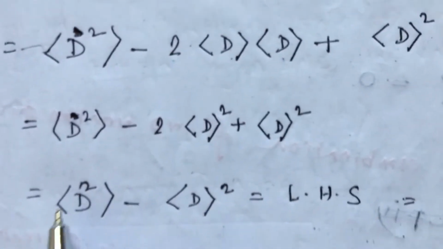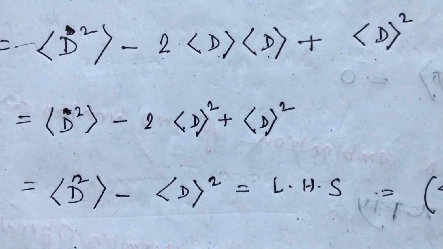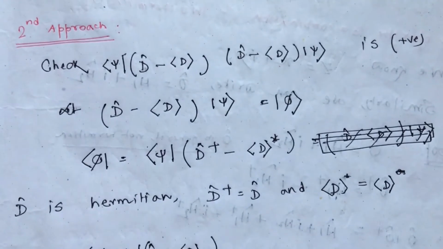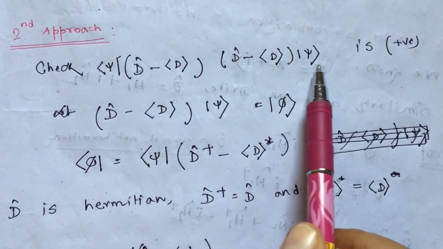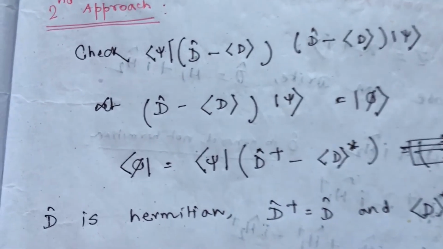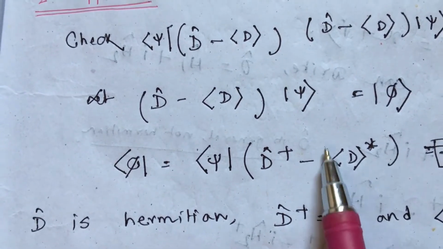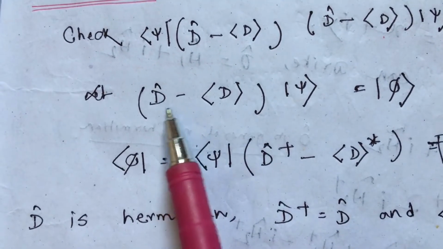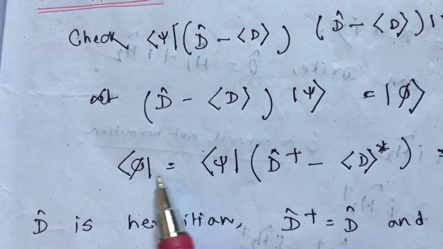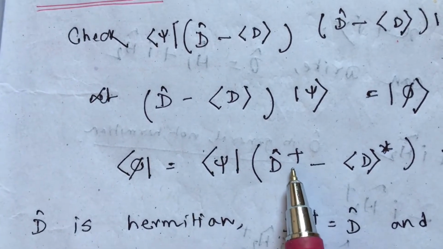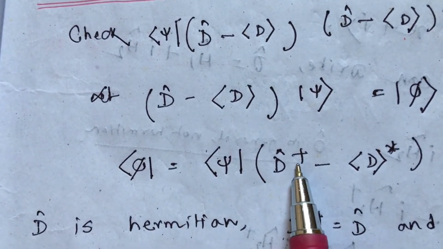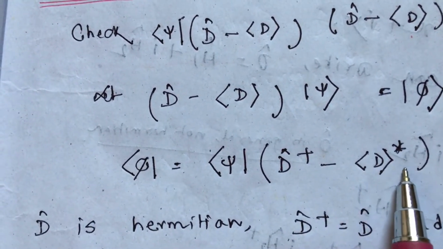And now I am going to prove that this thing is a positive term. So my second approach is checking this as positive. Before going into the derivation, I first take phi equal to (d minus d expectation) psi. So phi bra is equal to psi, and making a dual conjugation of this will give me (d dagger minus d expectation) square.